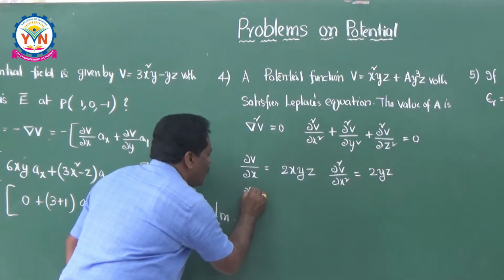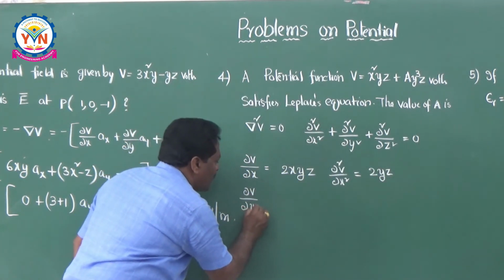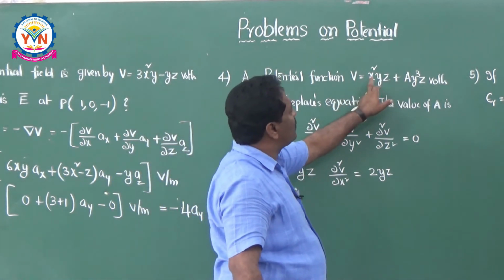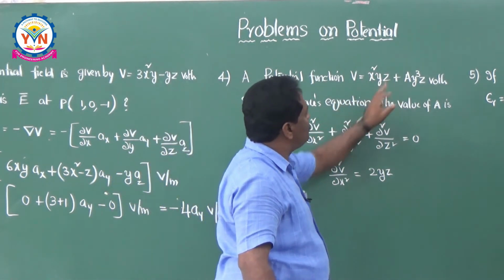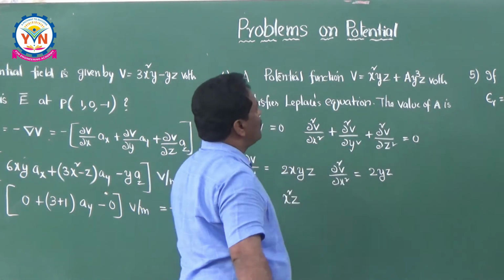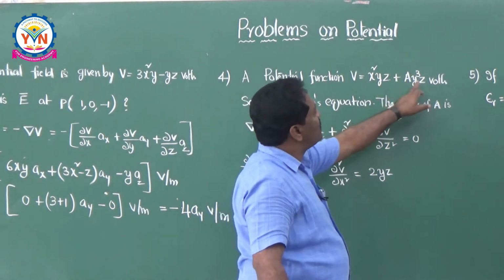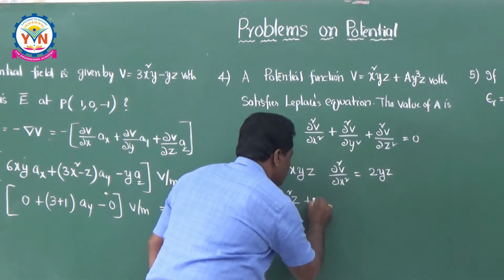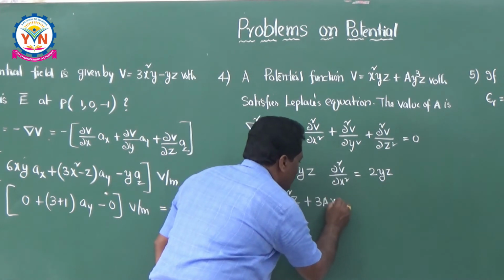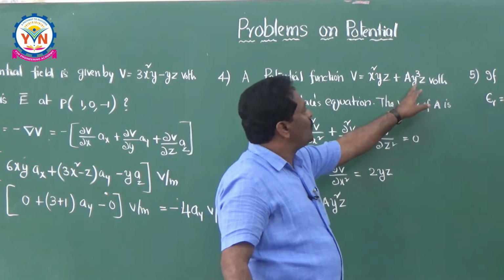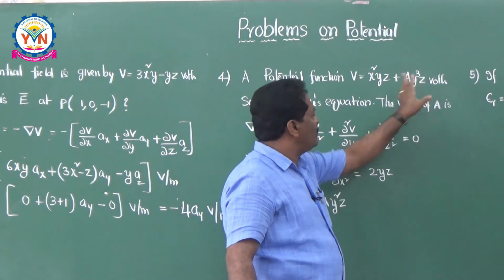Similarly, what is dou V by dou y? With respect to y, this is x square z, plus 3a y square into z, because y cube gives 3y square into a into z.